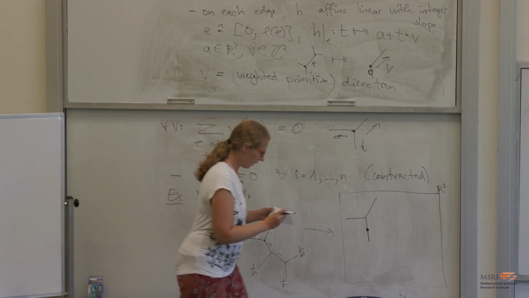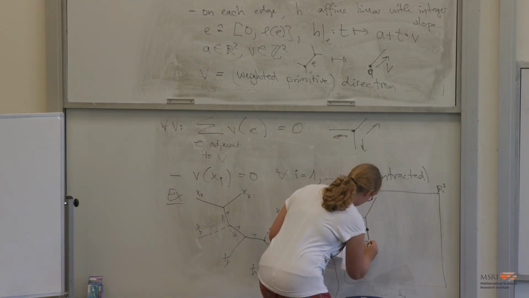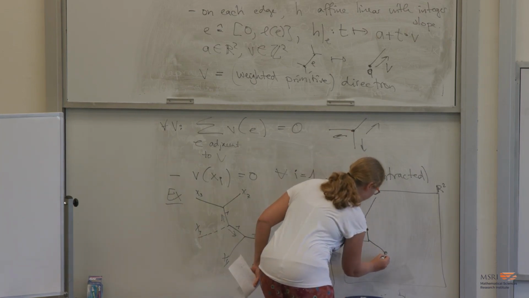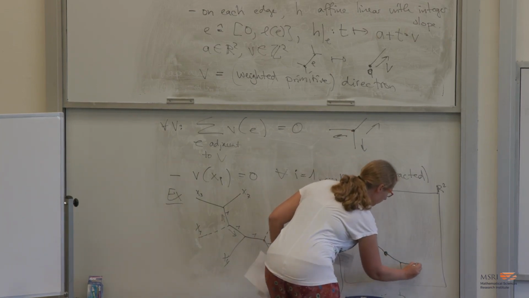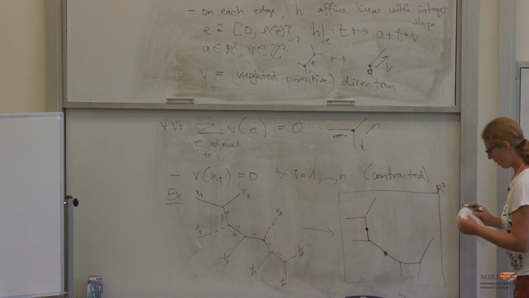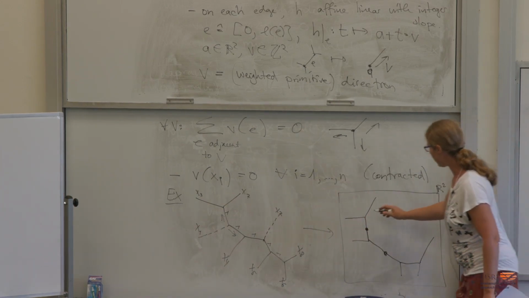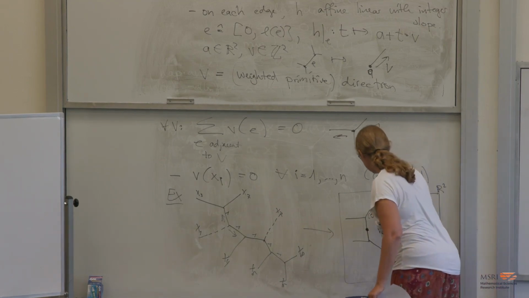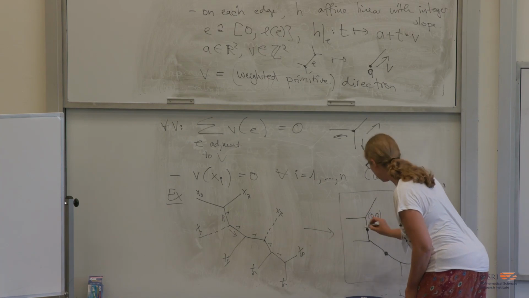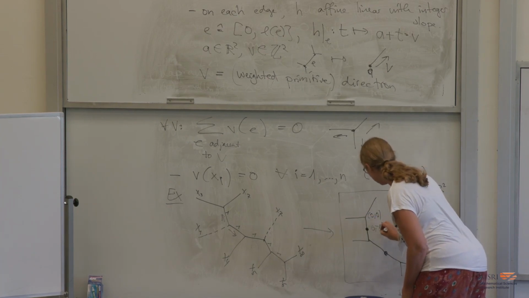Okay, I need to complete the picture. So here's another marked point. And of course I could be very precise and write down some coordinates for vertices. If this is 0, 0, then because this is length 1, this has to be 0, -1.